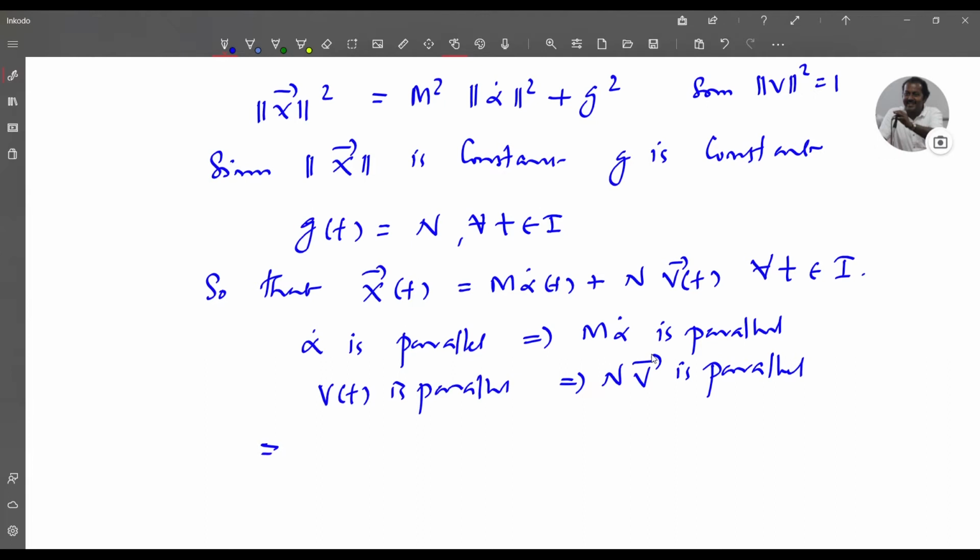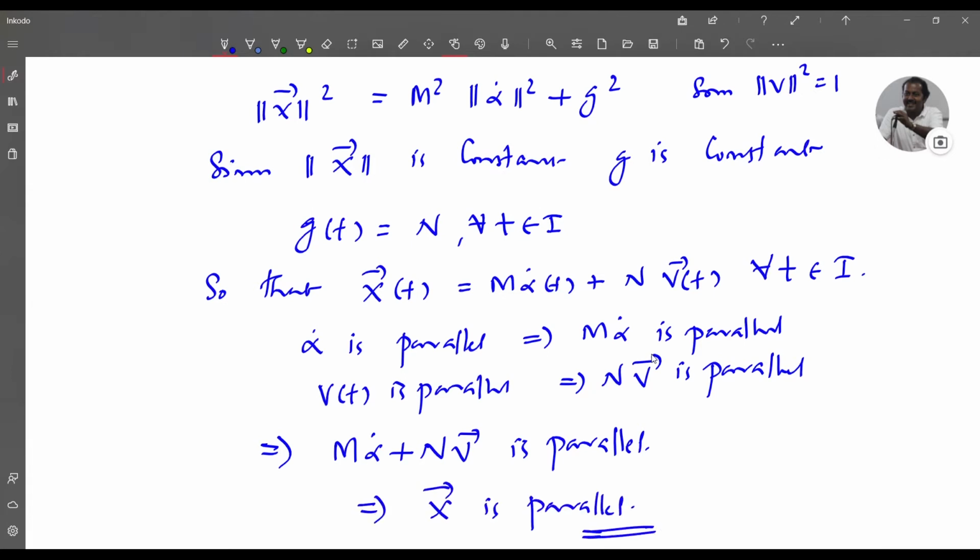So this implies m alpha dot plus nv is parallel. So this implies x is parallel. So this is what we have to prove. So this proves the corollary.